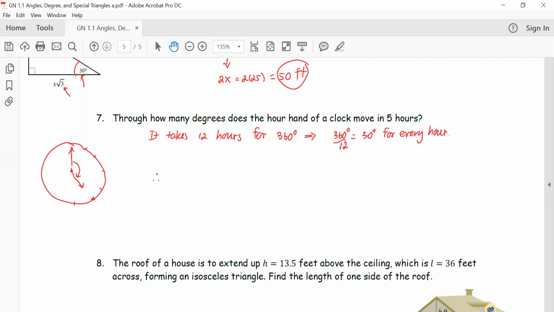Therefore, in 5 hours, the hour hand will move to 30 degrees times 5, or 150 degrees.